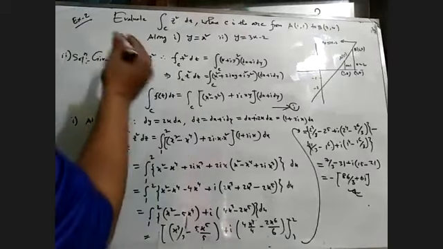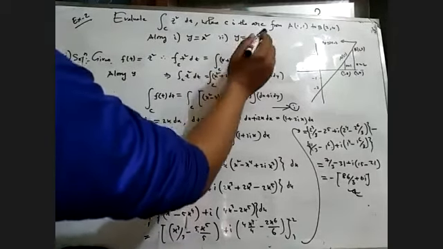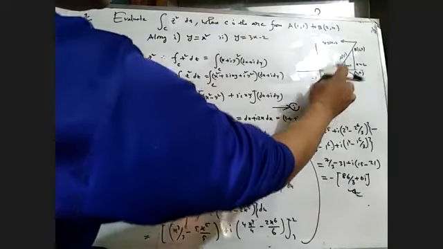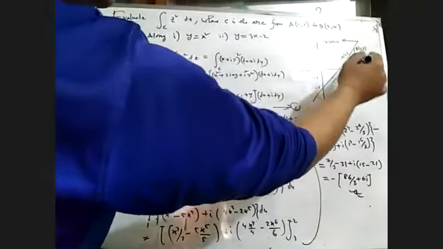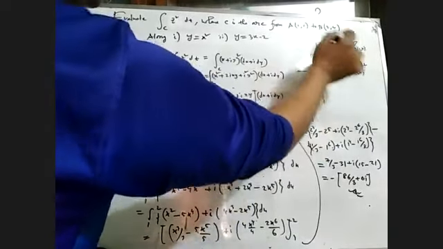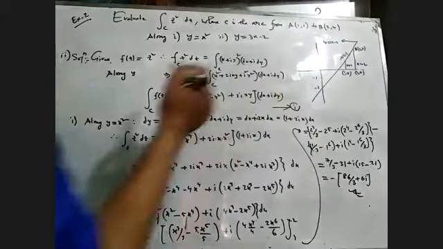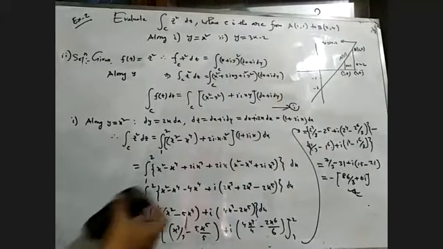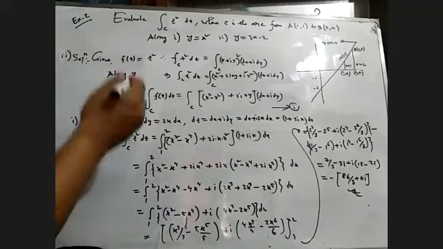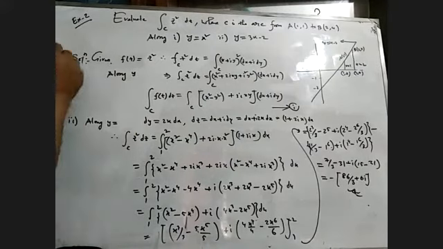Okay, now for the second part, y equals thrice x minus 2. The graph of y equals thrice x minus 2 will be this. Okay, and point A will be 1, 1 and point B 2, 4. So we have to again integrate along the curve y equals thrice x minus 2. This is the second part.